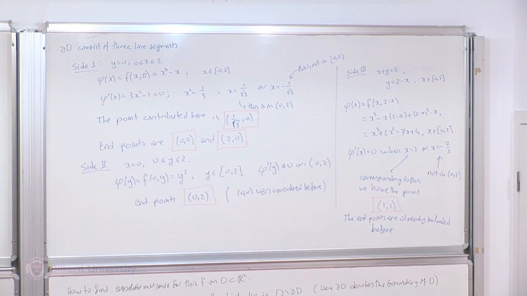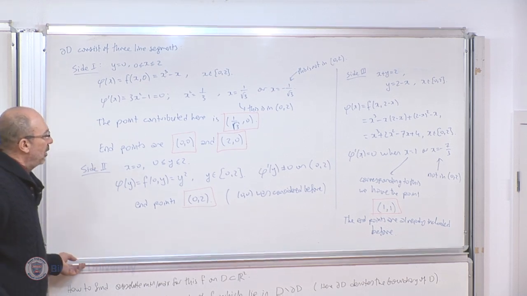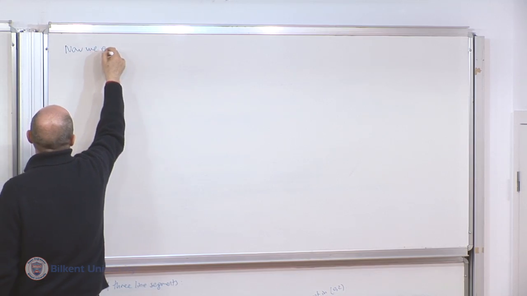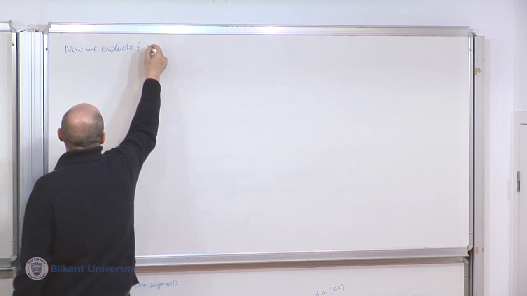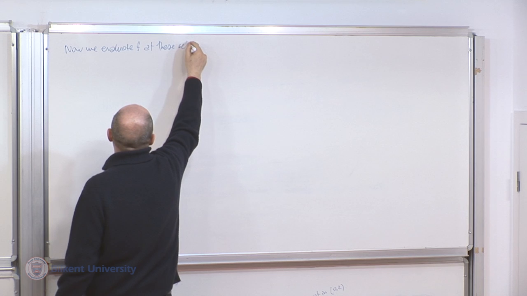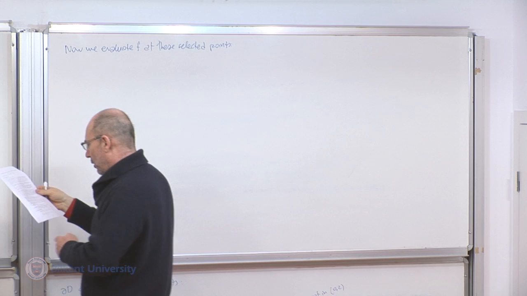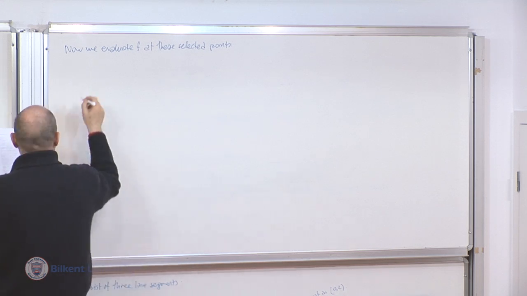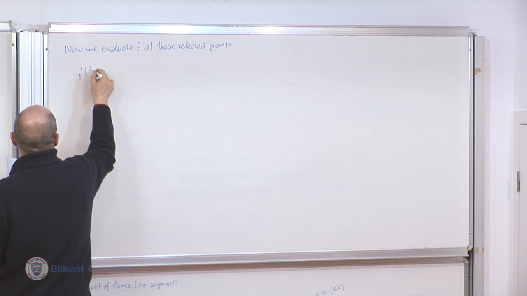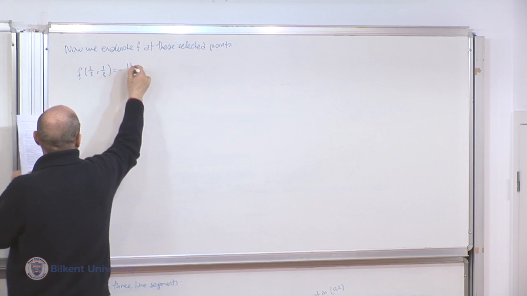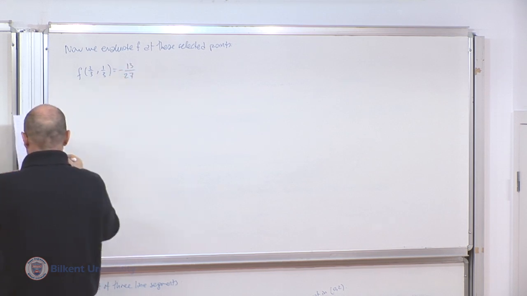All we have to do is evaluate the function at these 5 points. Okay, so let me do it over here. Evaluate f at these selected points. f of (2/3, 1/3) is calculated to be minus 13 over 27.